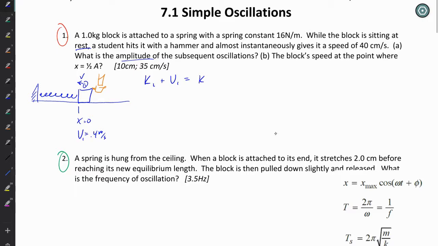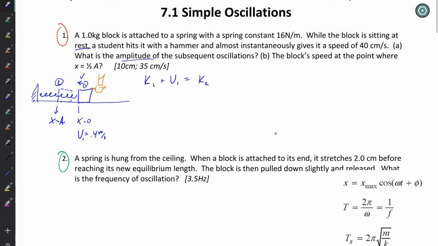So let's call position 2 the location where it comes to rest, x equals A, where all of its kinetic energy turns into spring potential energy, and at that point it is going to stop and turn around. The maximum displacement that it undergoes is what we're going to call the amplitude of its oscillation. We're going to call that location 2.